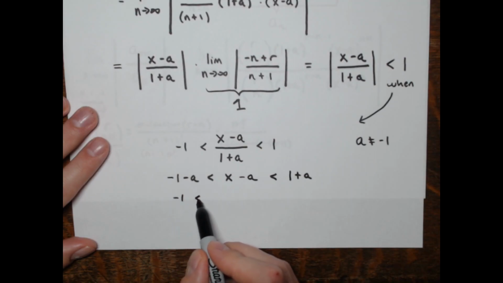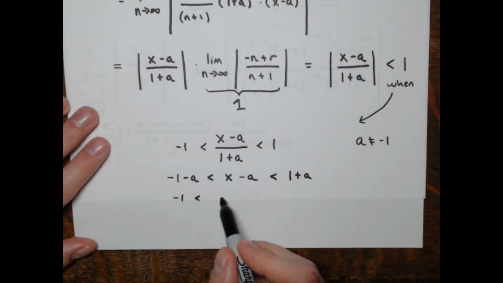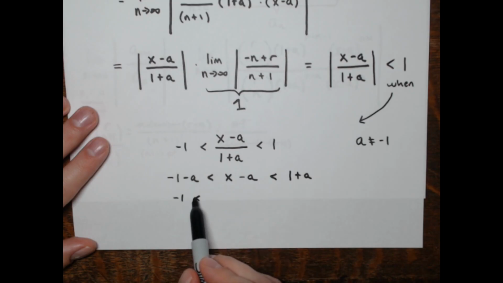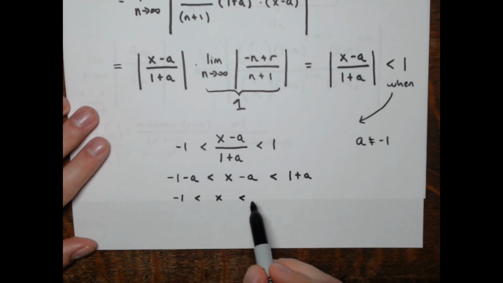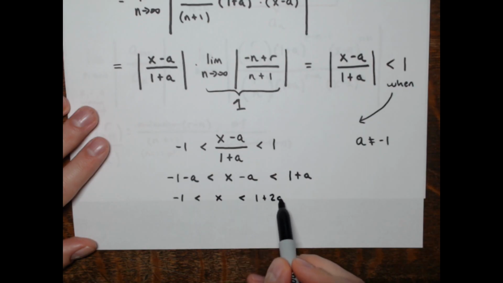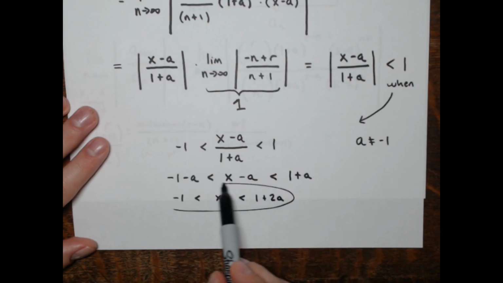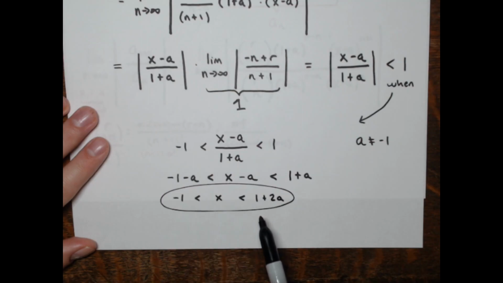Negative 1 less than, oh, actually, no. Oh, yeah, negative 1 less than x, less than 1 plus 2a. And there's your interval of convergence.